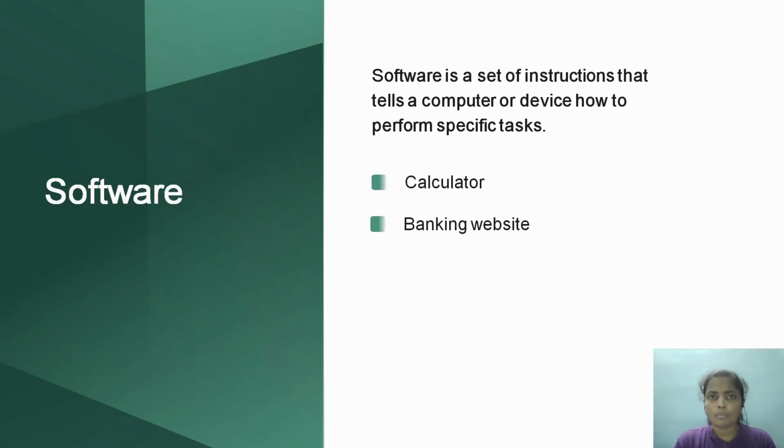Let's get into one more example, which is the banking website. Most of you would have used a banking application on your mobile phone or maybe as a website. What exactly does it do? I just use my credentials and log in to the application. It first validates whether it is Selvi who is logging in by comparing my username and password.